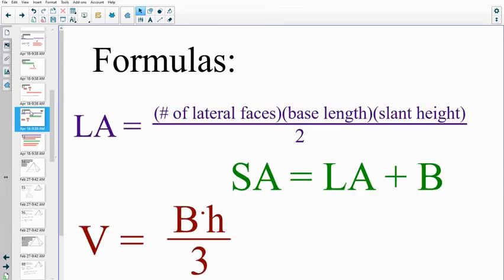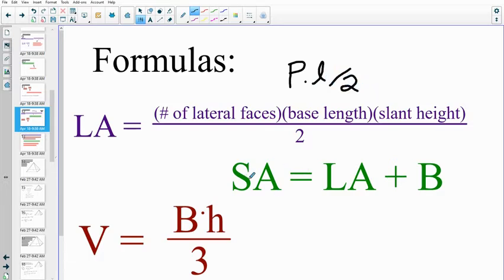All right, so we've got these 3 formulas. The lateral area is the number of lateral faces times the base length times the slant height, or if you want to remember that as the perimeter of the base times the slant height divided by 2. That one works just as well.